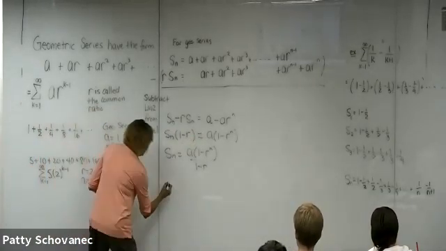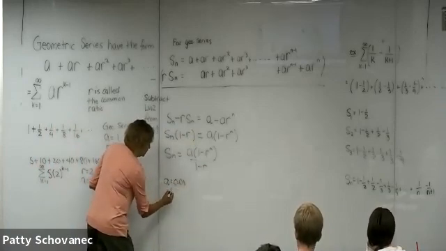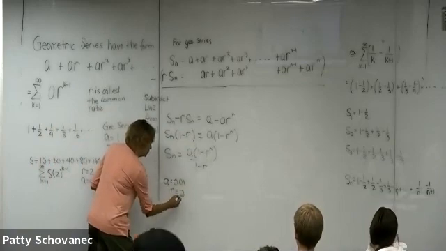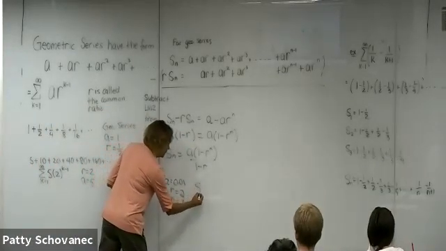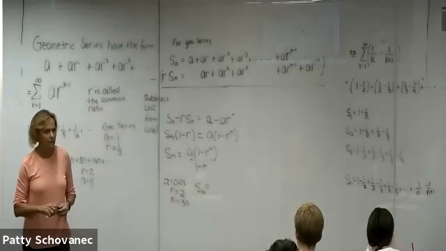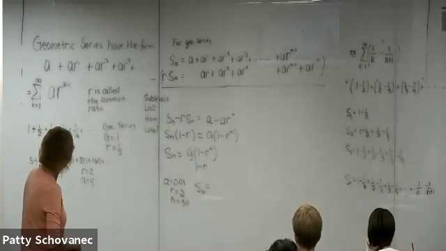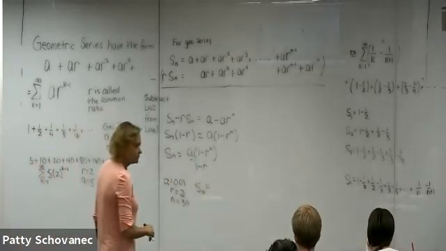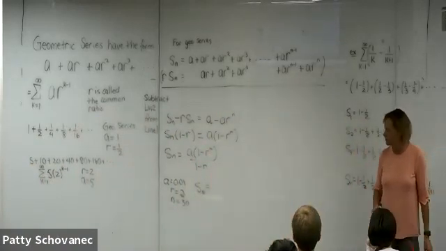So A is a penny, and R is 2, and n is 30, and S30 is your total month's pay. And it's a big old number. That's about $10 million, $11 million. Yeah, it's north of $10 million.